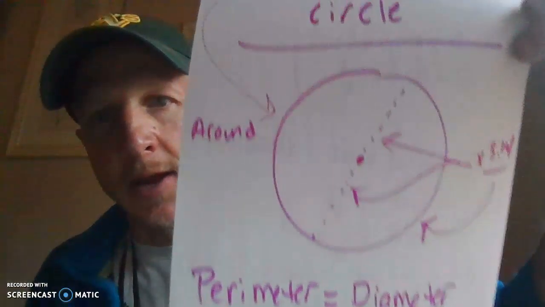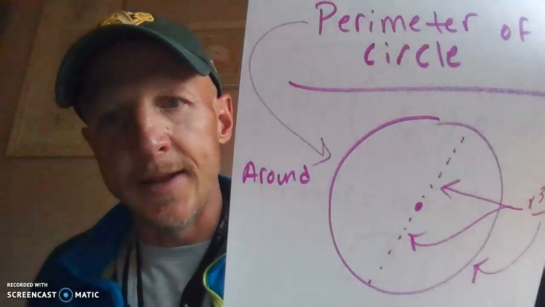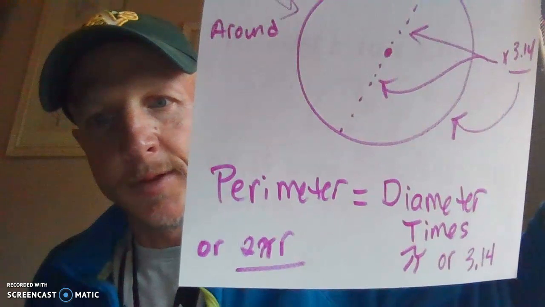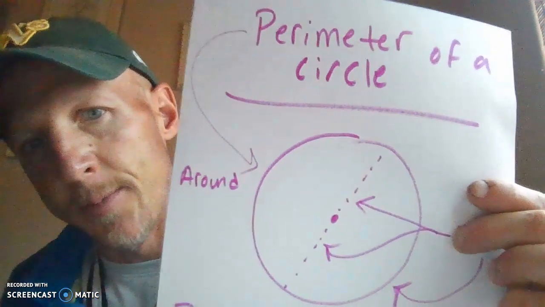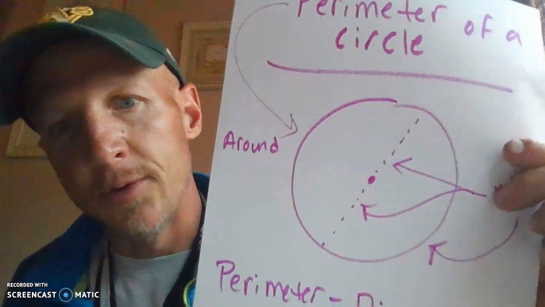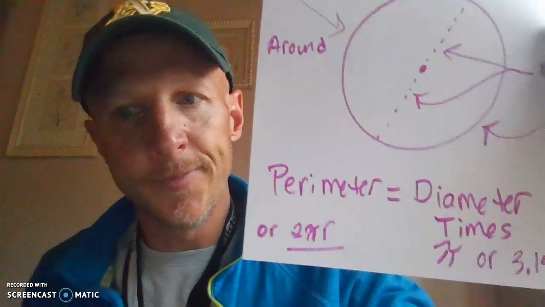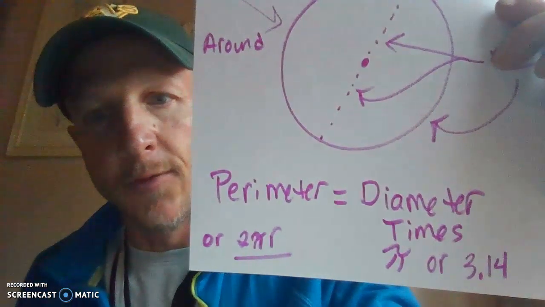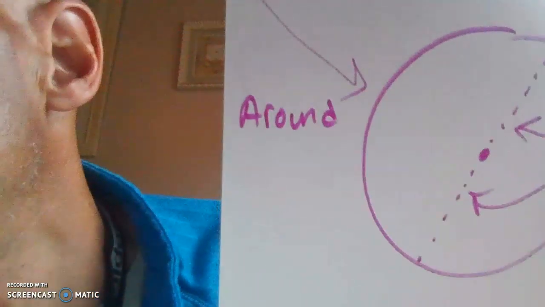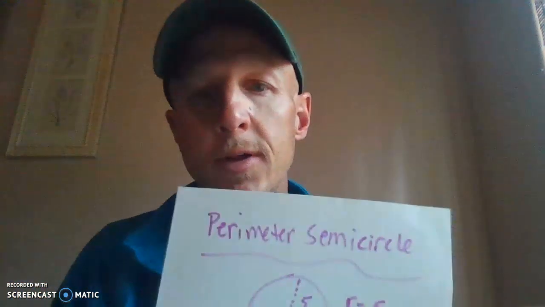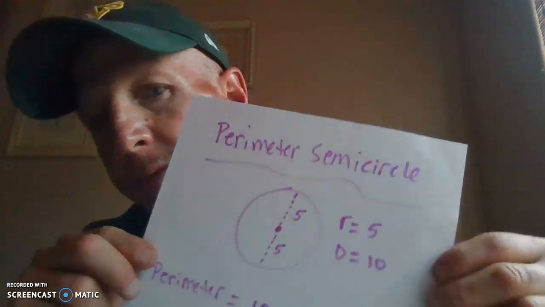So now I bet you're saying, if I can find the perimeter of a circle, I could find the perimeter of a semicircle. The perimeter of a semicircle will go through the same process.